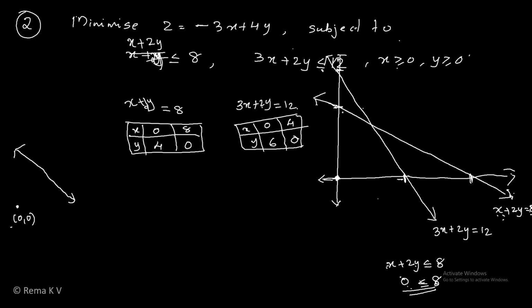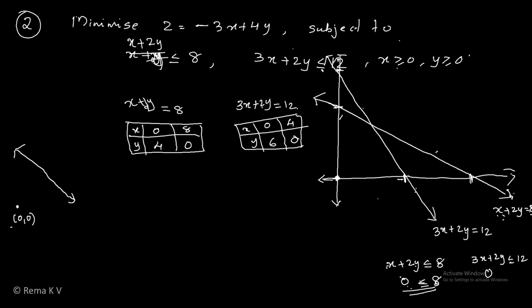The shaded region is this lower half plane. For this line and for this line, both these lines, the lower half plane gives the solution region. See, if we consider the second one, this is 3x plus 2y less than or equal to 12. This is the line, and we are considering the origin from this side.